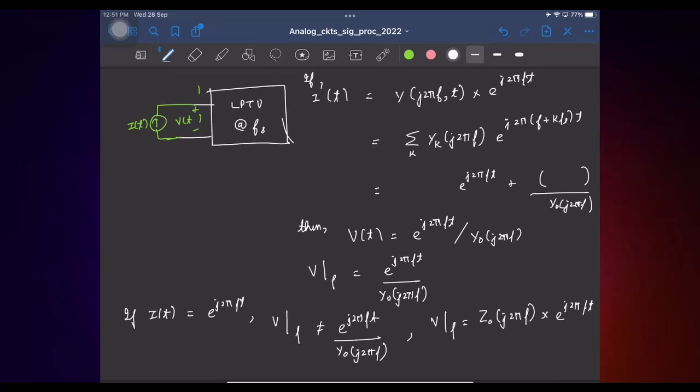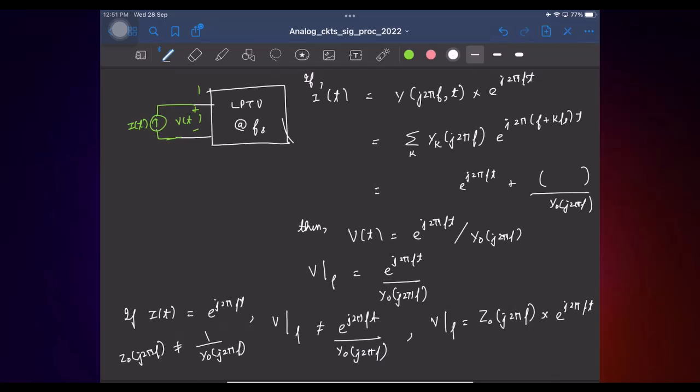Is that fine? So from this, what can you say? They need not be equal, right? Z0 and Y0 need not be equal, or need not be inverses of each other.